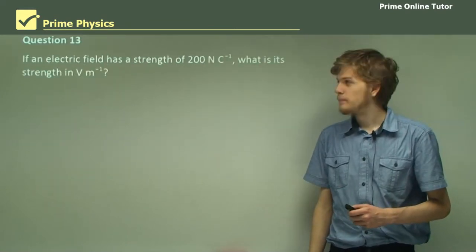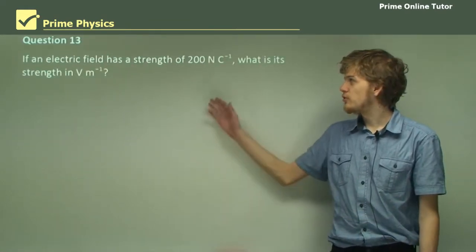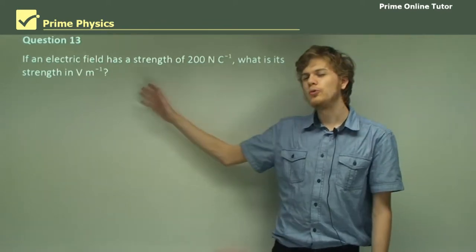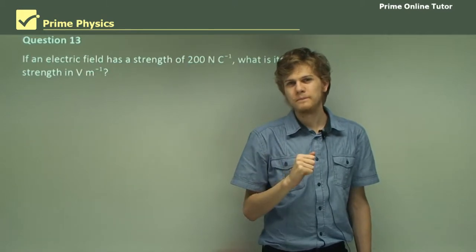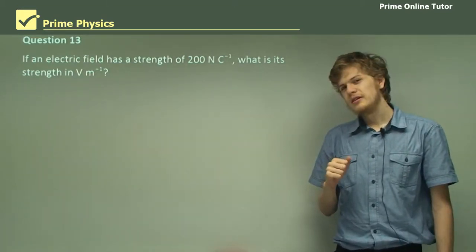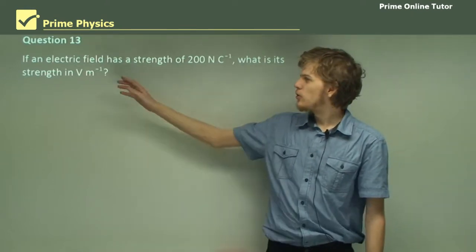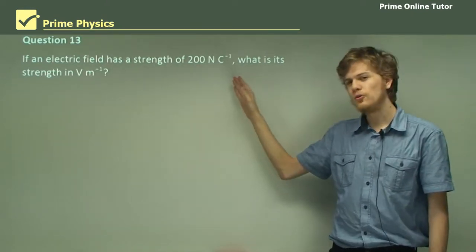Question 13. If an electric field has a strength of 200 newtons per coulomb, what is the strength of the electric field in volts per meter? Now this is something like a trick question. It's asking you to compare volts per meter to newtons per coulomb.